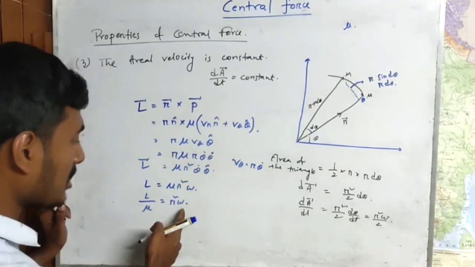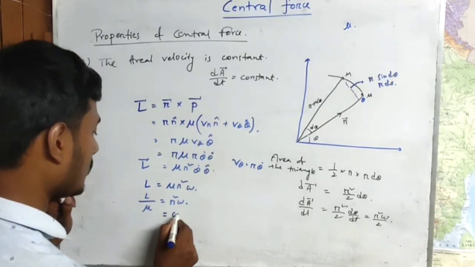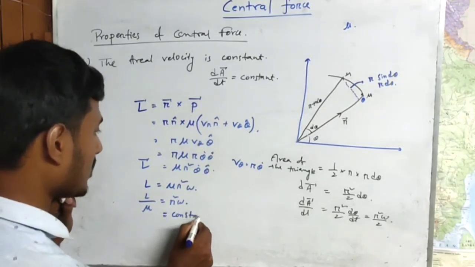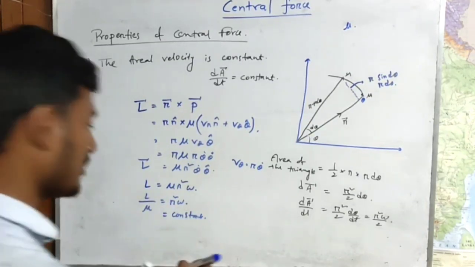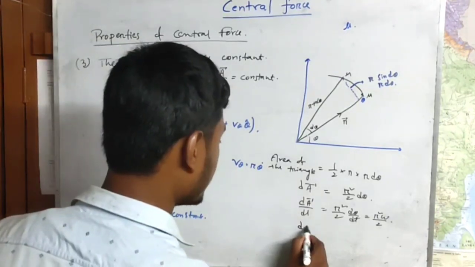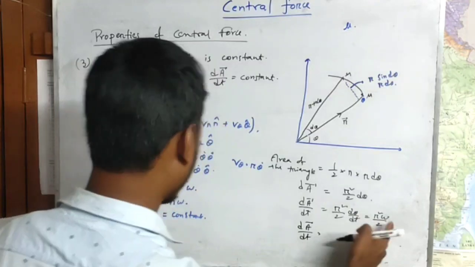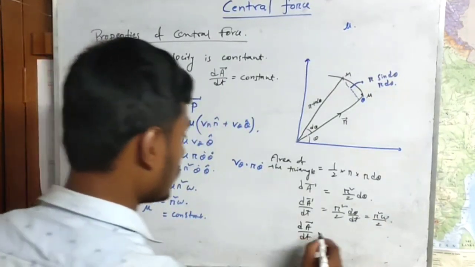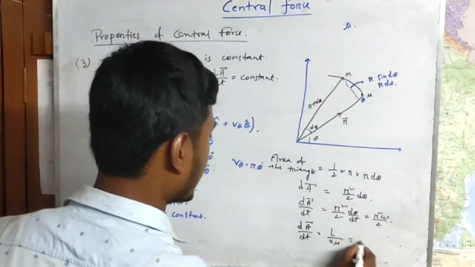As L is constant, this term r square omega is constant. So we can write here that dA vector by dt is r square omega by 2, which is L by 2 mu, a constant term.